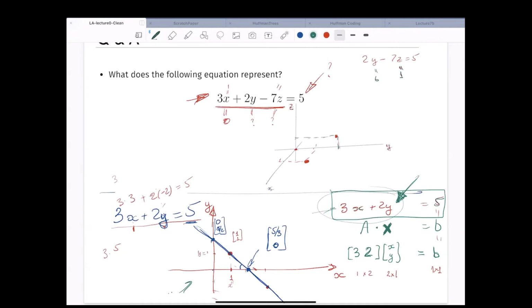So that's 1 point, that's another point. How about now let's make y 0. So now I have something like 3x minus 7z equals 5. Is there another point?